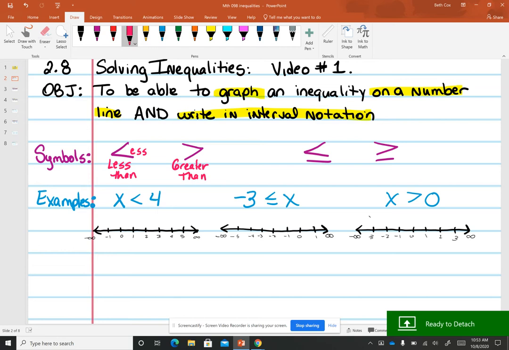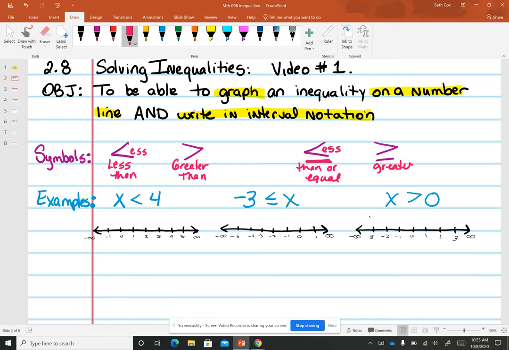The one that looks like a squished L is the less than. This one is less than or equal. The line underneath indicates equal. And this one is greater than or equal. Again, the line underneath represents an equals.